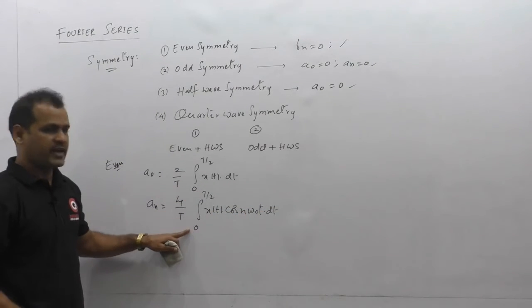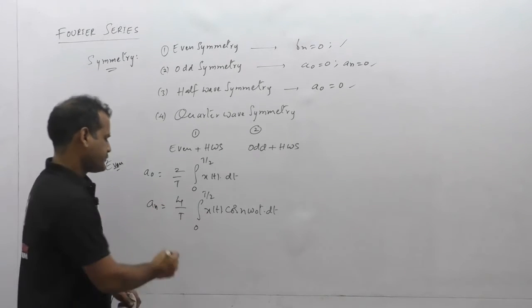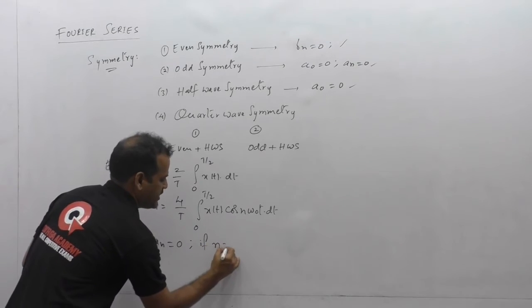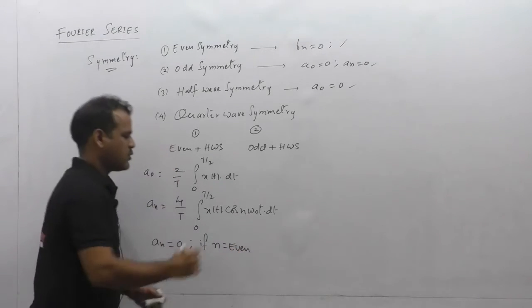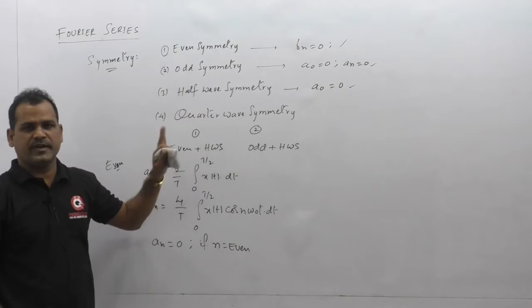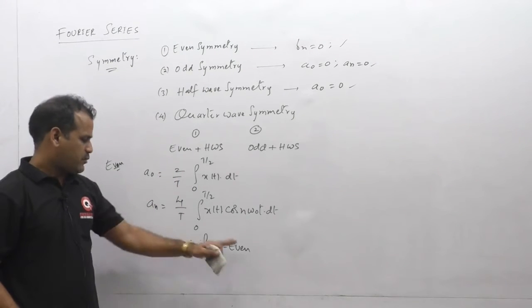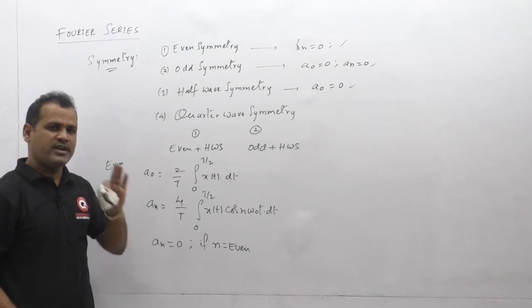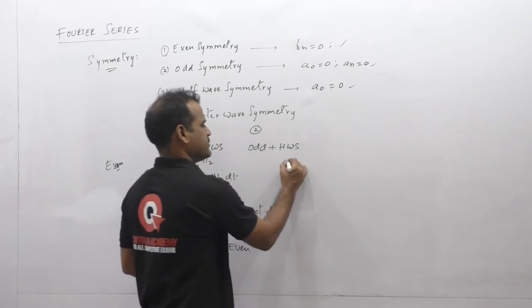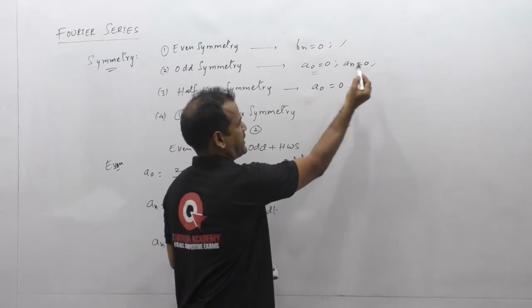Observe, here also we are calculating up to half of the time period only. And then here An value is 0 if n is even. Only odd harmonics are present if a signal shows any of these symmetric conditions. You can observe one point, for even harmonics all coefficients are 0, and only for odd harmonics we are having non-zero coefficients here.